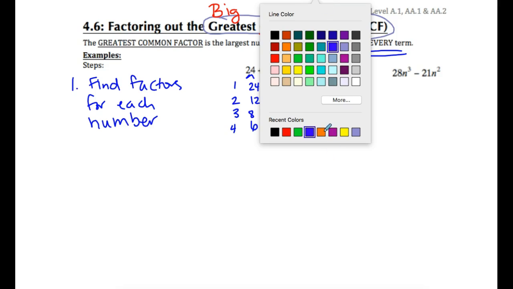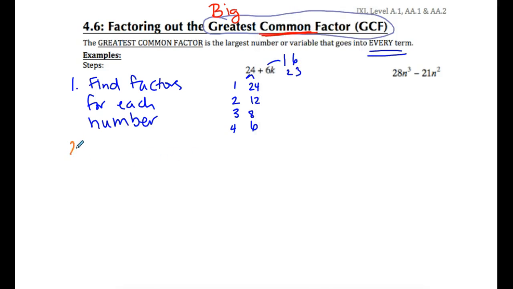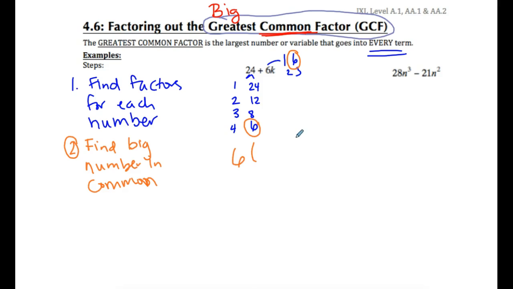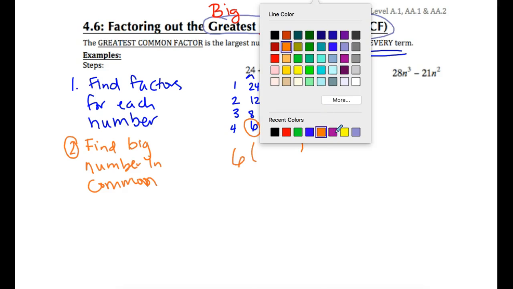The next step is that I want to pick out the biggest number. So I want to find the largest or the biggest number in common. So for example, in this one, the biggest number in both of them is 6. That means I'm going to take a 6 out of all of them.